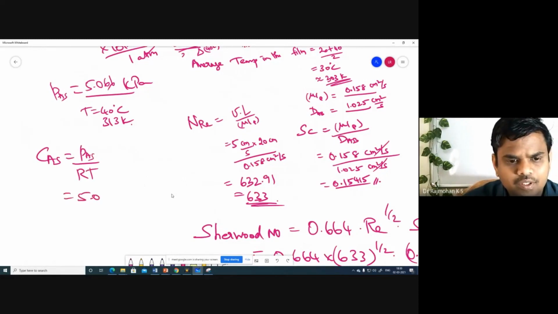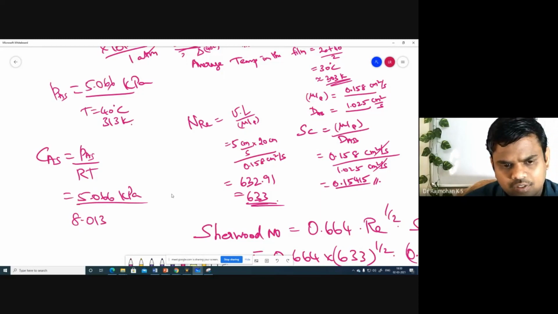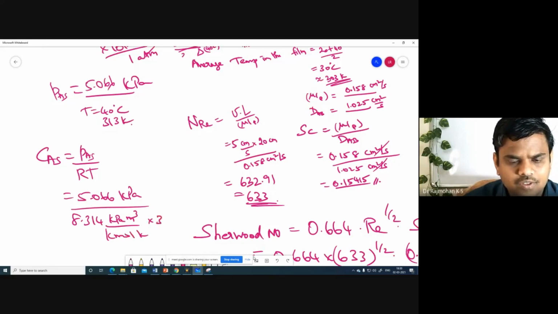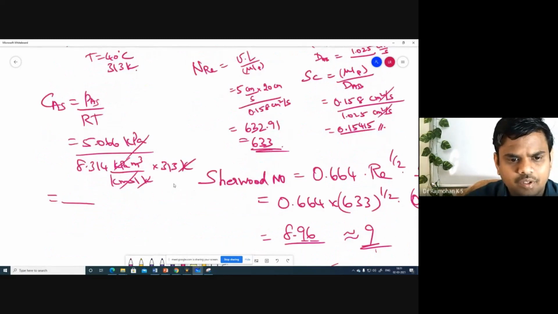So we get 5.066 kilopascal divided by 8.314 kilopascal meter cube per kilomole Kelvin into 313 Kelvin. Kilopascal gets cancelled, so we get this much kilomoles per meter cube.